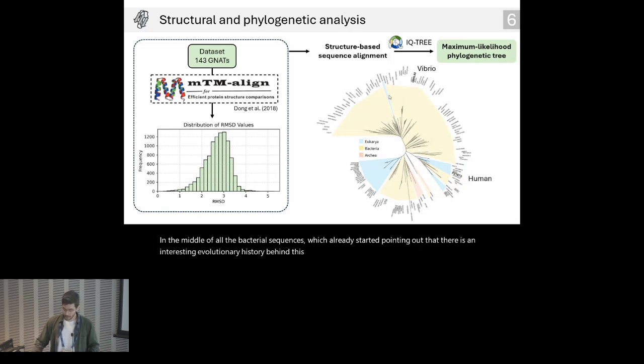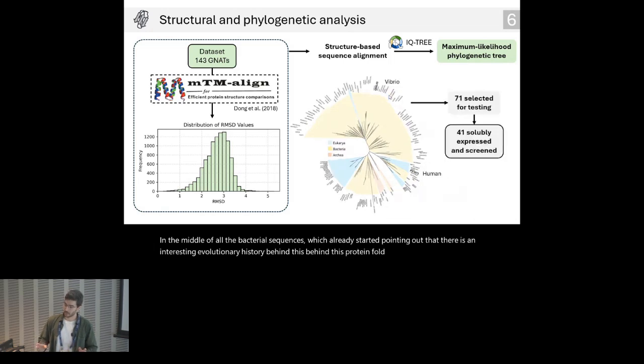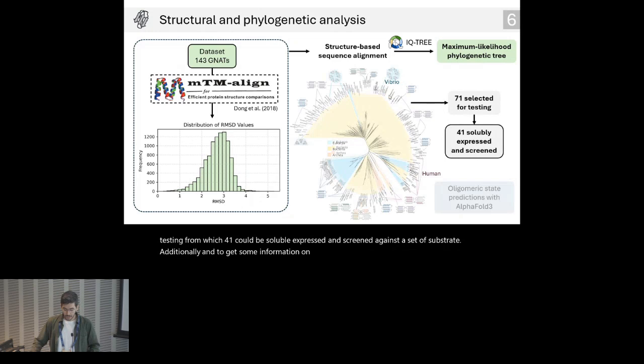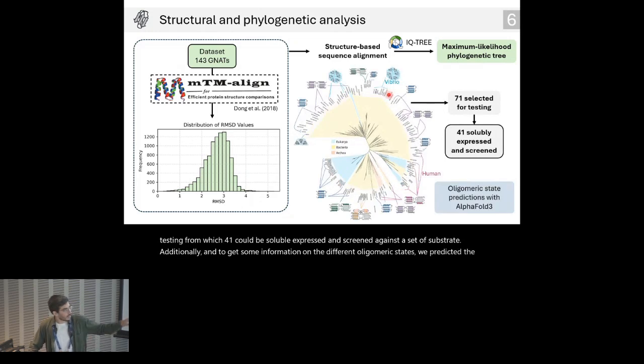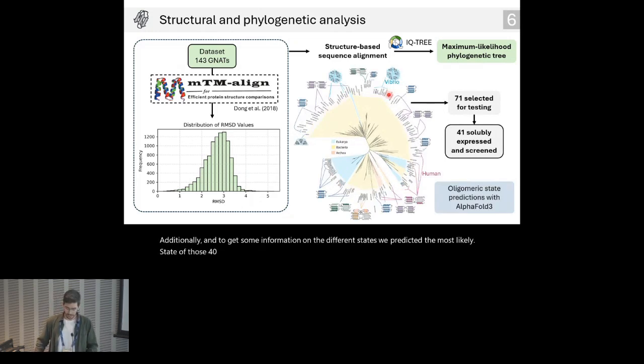So then what we did was select 71, so we get a good coverage of all the entries in the tree, for experimental testing, from which 41 could be solubly expressed and screened against a set of substrates. Additionally, to get some information on the different oligomeric states, we predicted the most likely oligomeric state of those 41 proteins.